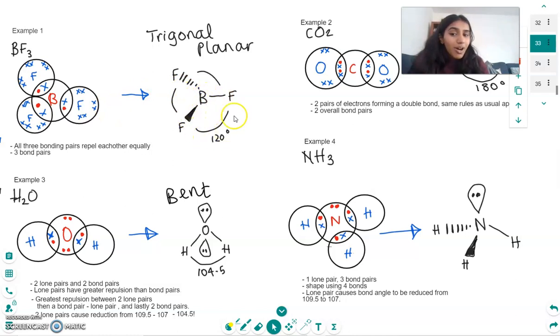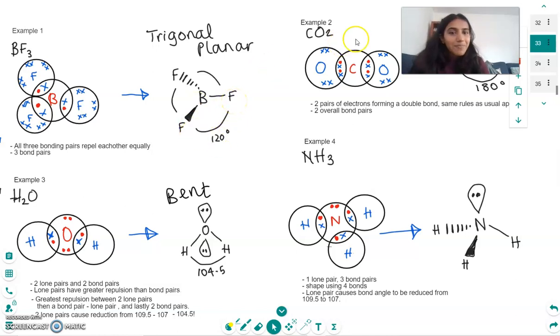Just a simple 120 degrees. And since it's actually trigonal planar, you can just draw it with lines too, but it's your preference. This would be correct either way, I'd stress. So BF3, this is it. You confident with that? Can you see that's an example of the 120 degrees?